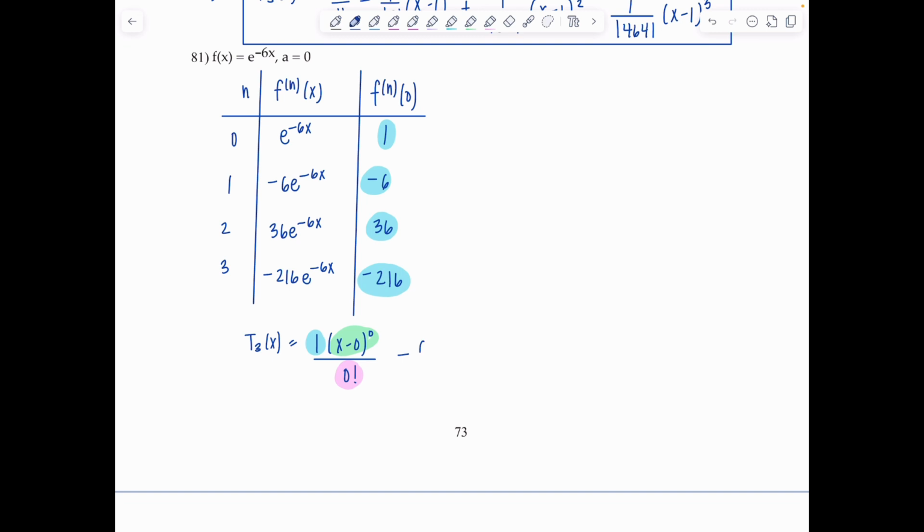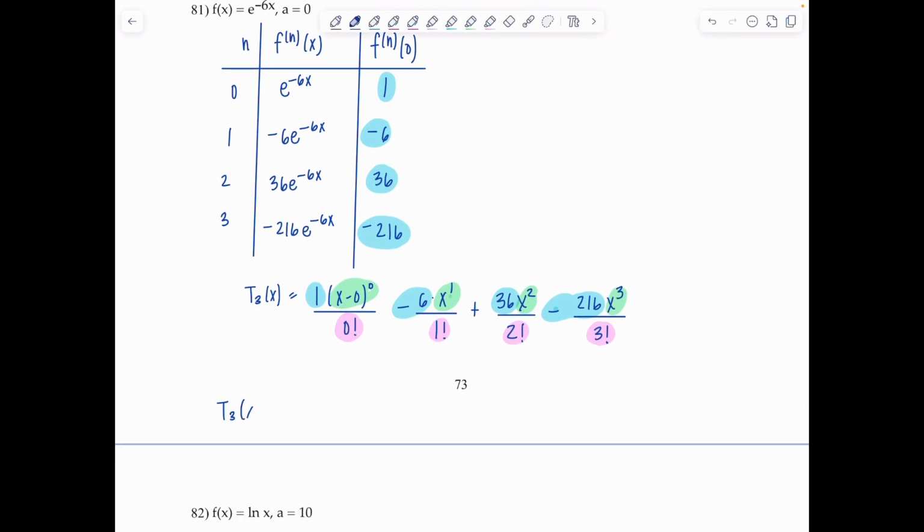Next, I'm going to have -6 times x to the first over 1 factorial plus 36x squared over 2 factorial minus 216x cubed over 3 factorial. So here's all of the constants that we got from the table, x to the n, and then these are the n factorials. And then now we just simplify.